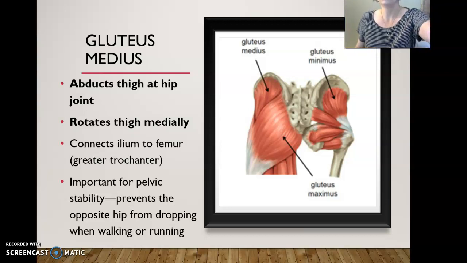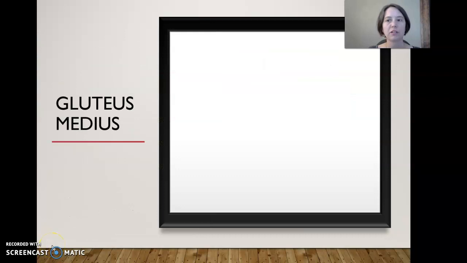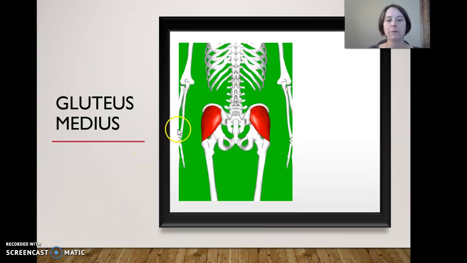So as we know, it also connects the ilium to the femur. And maybe we can find a little picture of the greater trochanter because it really winds in there. Okay, let's look at another picture of the gluteus medius. Like I said, it connects from the ilium to the greater trochanter, which is this large bump on the femur.